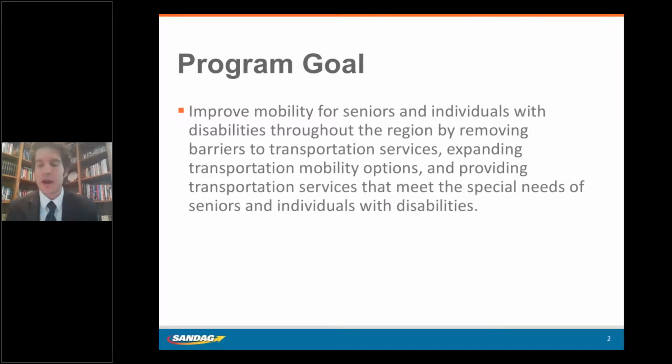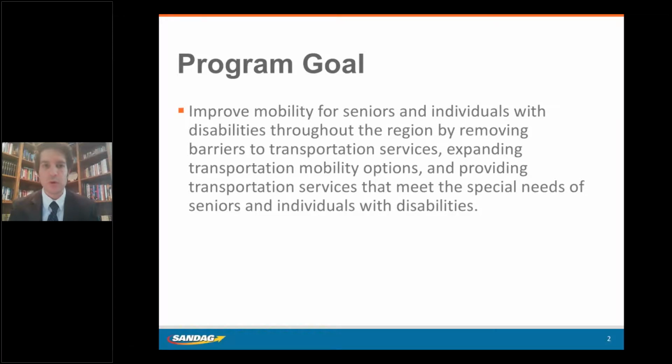So to provide context for the proposed changes to Cycle 11, I would like to begin by stating the program goal, objectives, eligibility criteria, and evaluation criteria approved for Cycle 10.